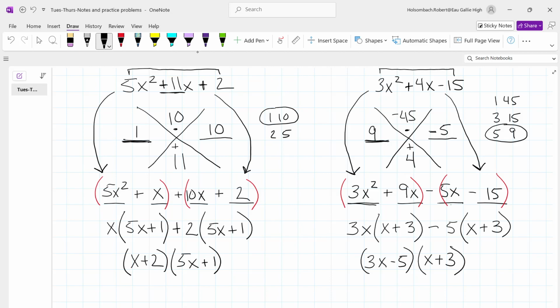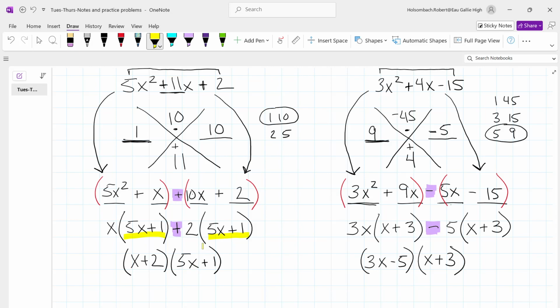All right, a couple of things that you want to pay attention to as you're working through here. If this is plus, then this is plus. If this is minus, this is minus. Once you have determined your first factor, make sure you pull out the GCF, then this first binomial factor shows up twice.